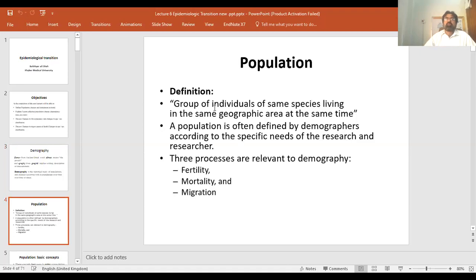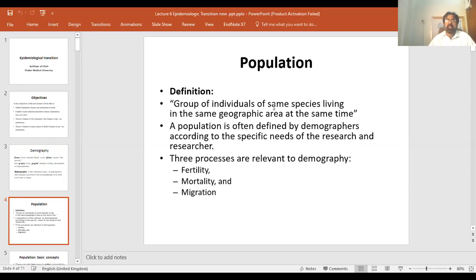Group of individuals of the same species, that is the definition of population, living in the same geographic area at the same time. A population is often defined by demographers according to the specific needs of the research and researcher. Three processes are relevant to demography that change the population. Fertility, if there is increased fertility, population will increase.